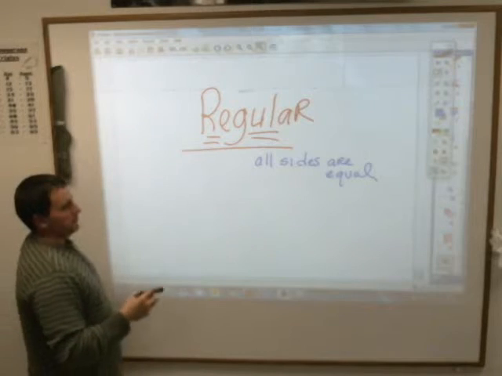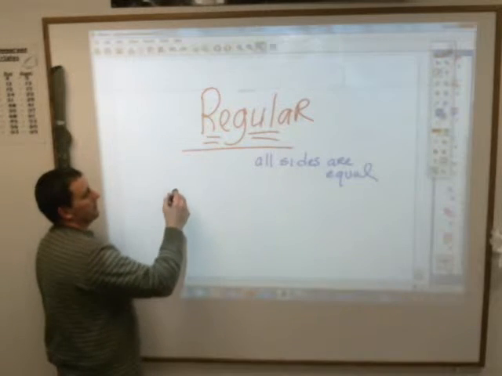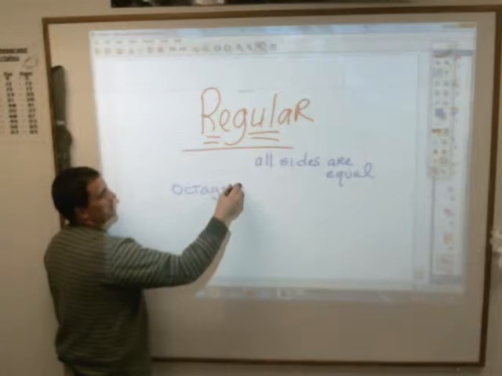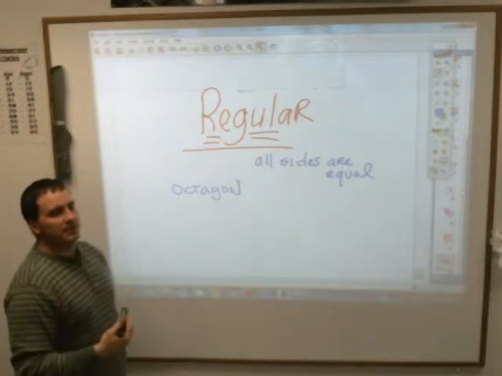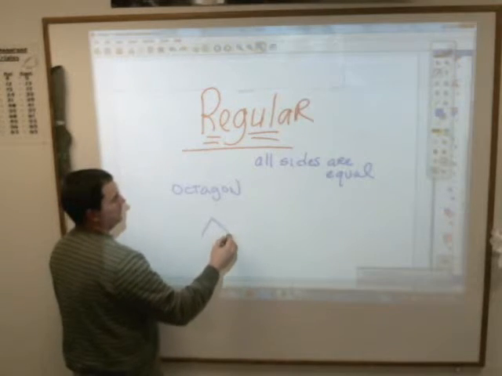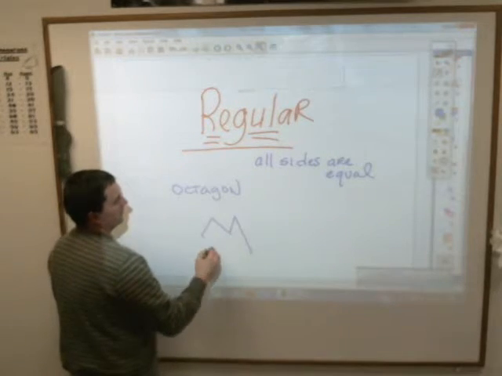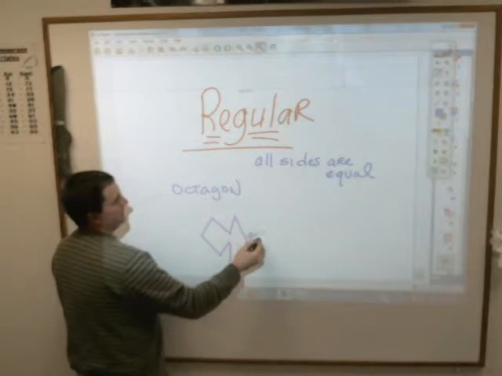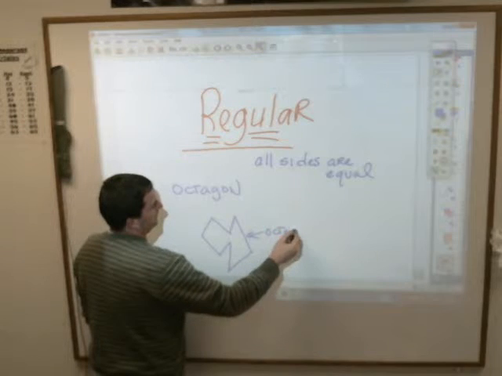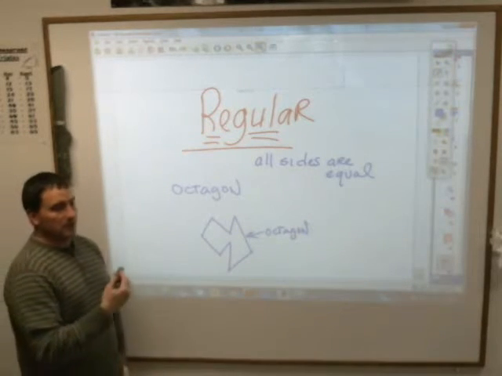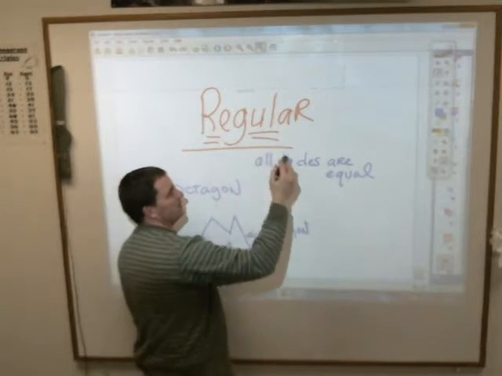So going back to what we just talked about, if you have an octagon, it just simply means it has 8 sides. So an octagon could look like this: 1, 2, 3, 4, 5, 6, 7, 8. This is an octagon. But typically, when we think about shapes like this, we think of their regular form.